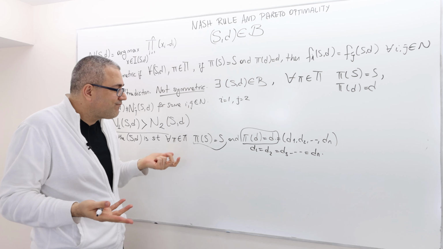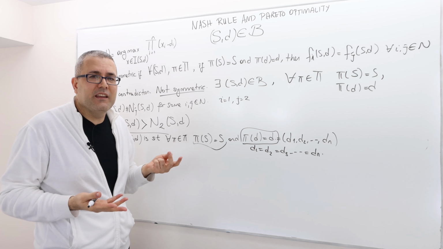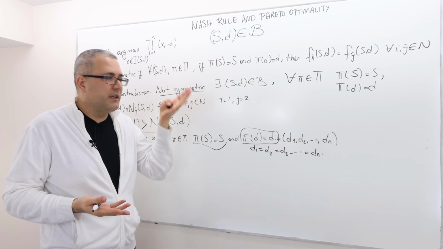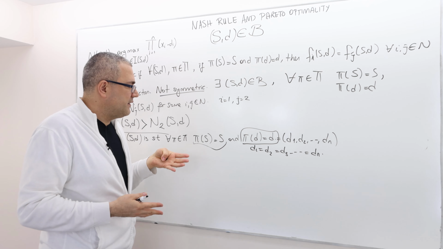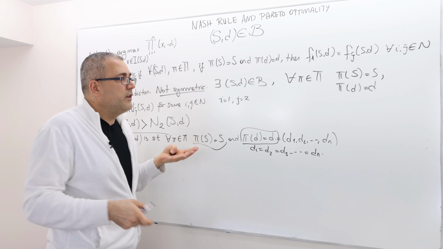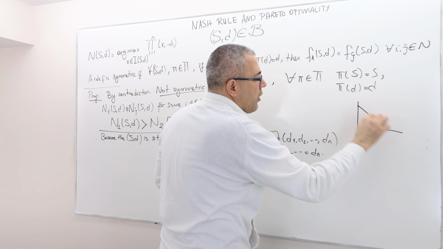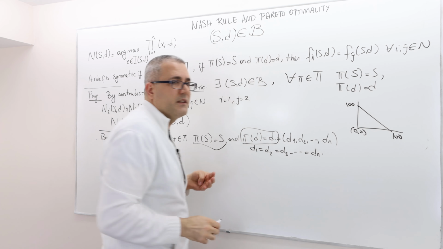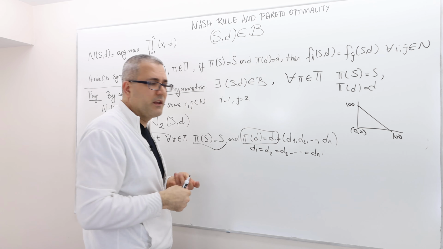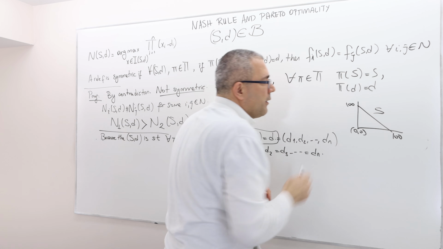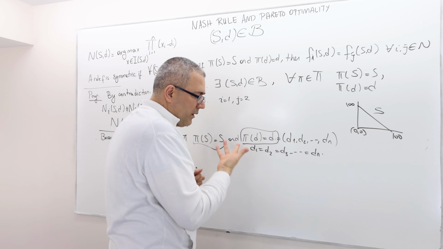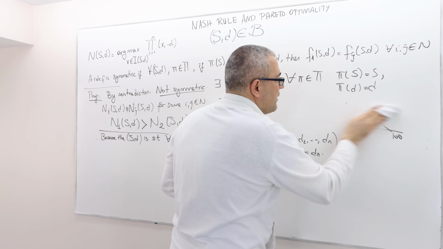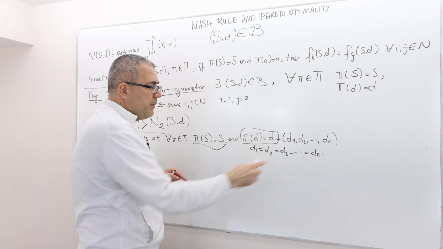So I can't really say much. But the triangle we draw, with vertices 100, 100, and 0, 0 the disagreement point, is a symmetric bargaining problem S. And so I can't really say much about this, but I don't know.